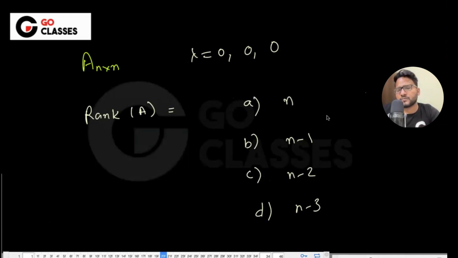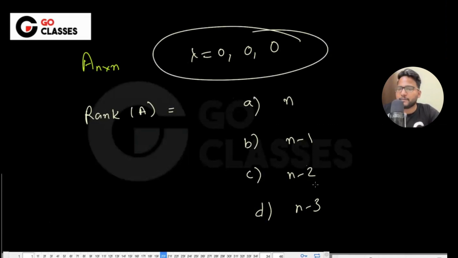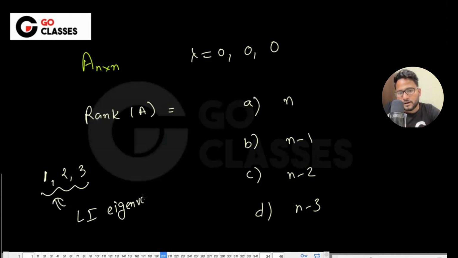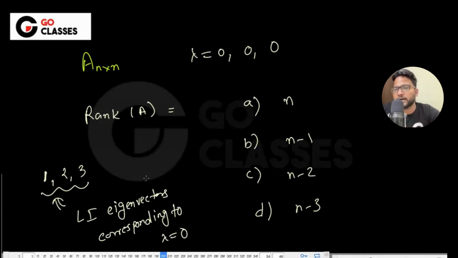See, lambda equal to 0 is repeating three times. Then what does this mean? It means the linearly independent eigenvectors corresponding to lambda equal to 0 could be 1, 2, or 3, right?